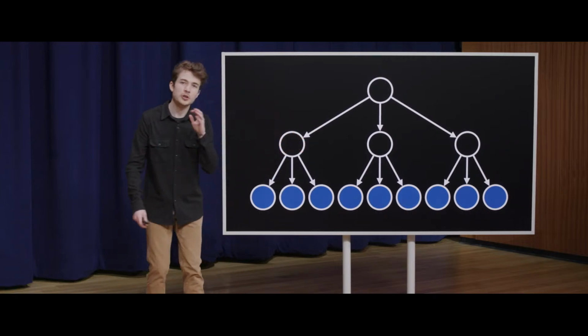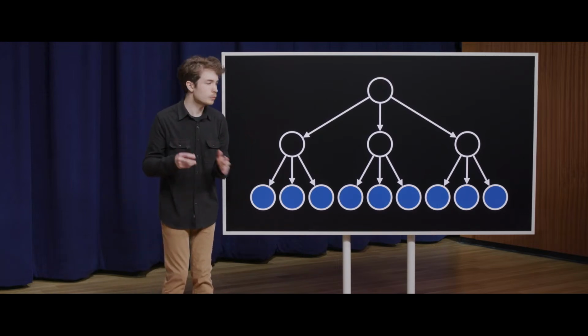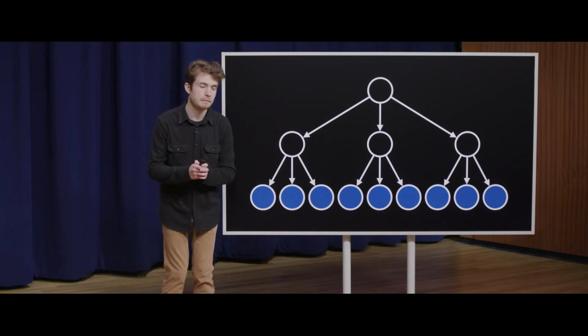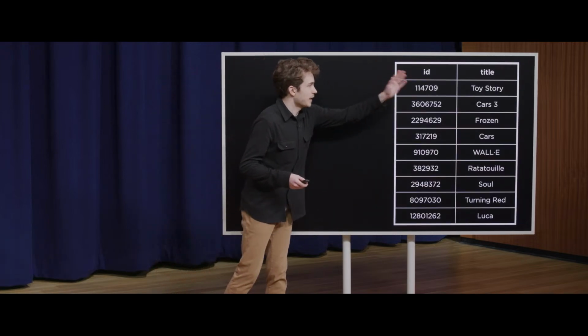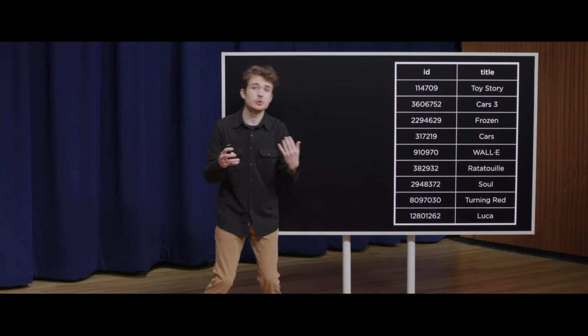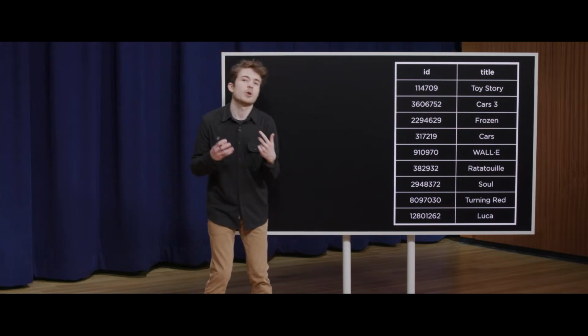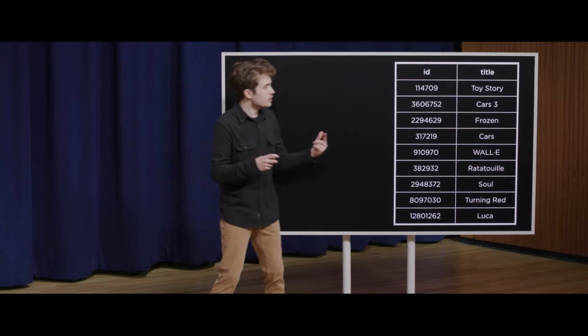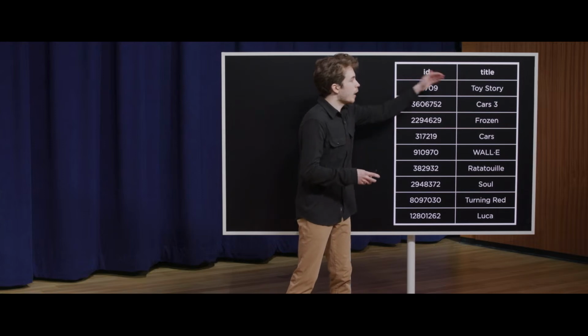But let's get a little more concrete and try to build an index from our title column in our movies table here. So let's assume we have a table of IDs and titles here. And I want to create an index on this title column to search it more efficiently. Well, we saw before that the best I can do when this data is unsorted is to go top to bottom.